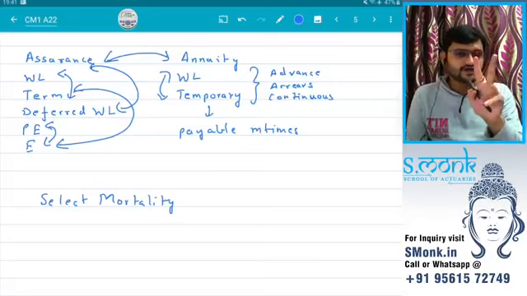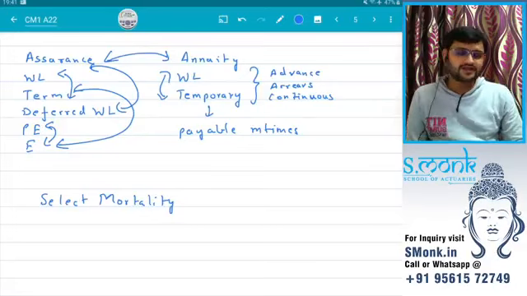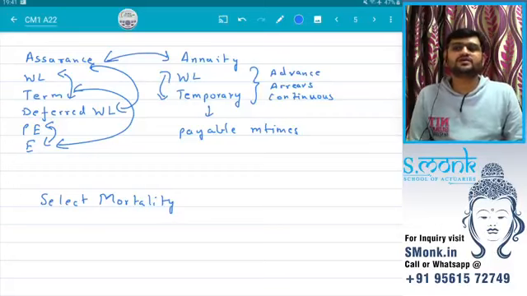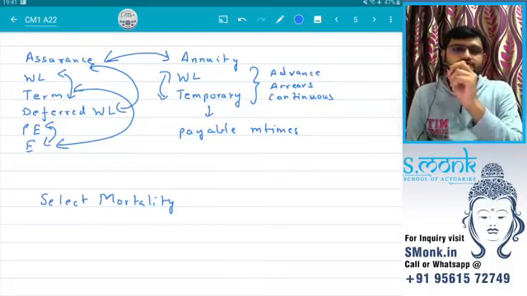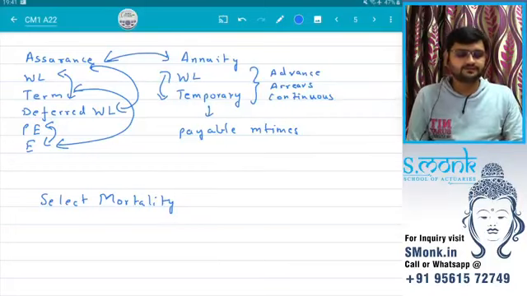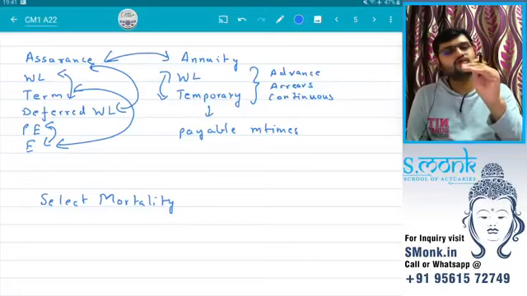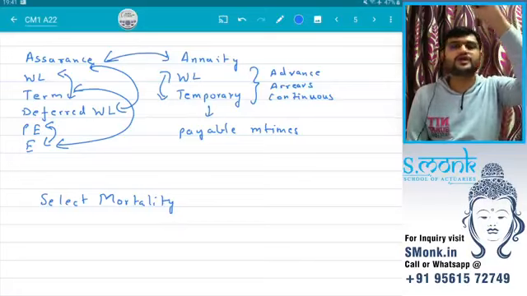And the second factor is income. Now, rather than asking for your income, they know that if you are willing to take a policy of a certain amount, then your income might be this much. If you're willing to take a policy of a very high amount, then your income might be higher.